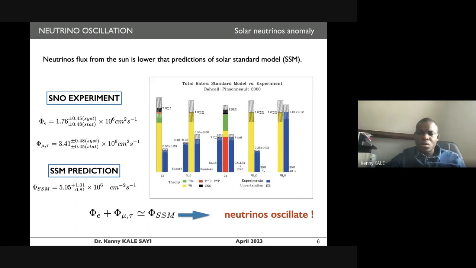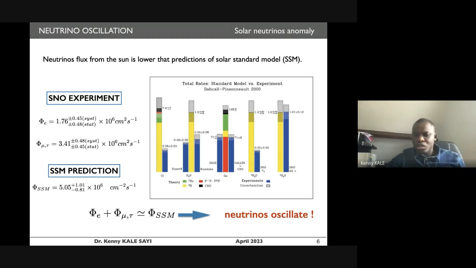And as we know how the sun produces neutrinos, we are able, only by calculations, to predict the number of neutrinos that will go out of the sun and reach the earth. This theoretical calculation is possible. This is what we call the solar standard model. So we know the prediction. You see SSM prediction here.